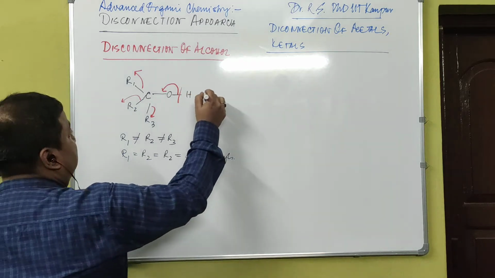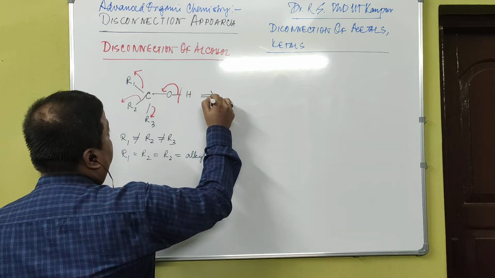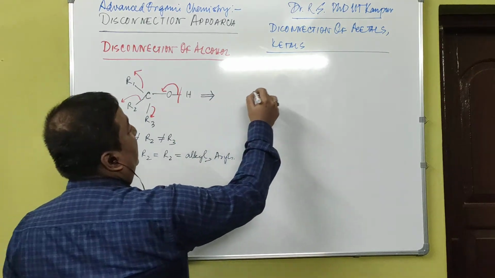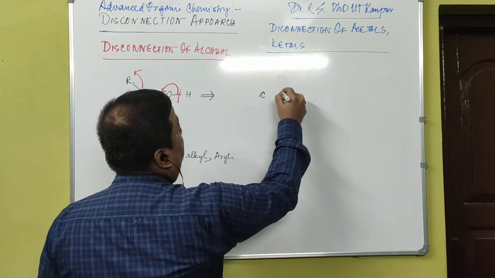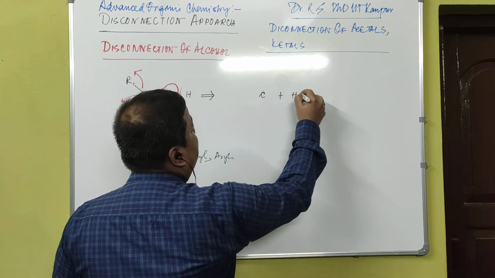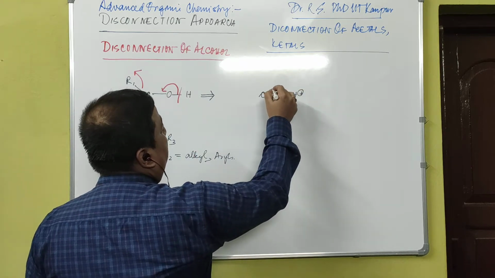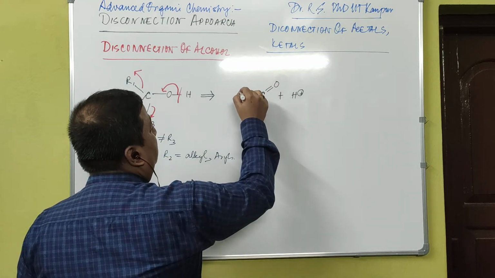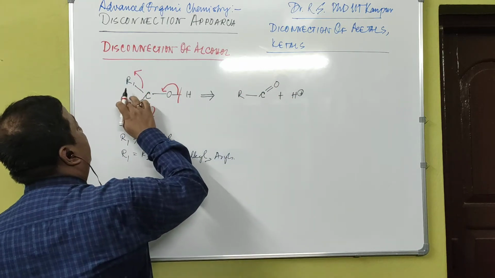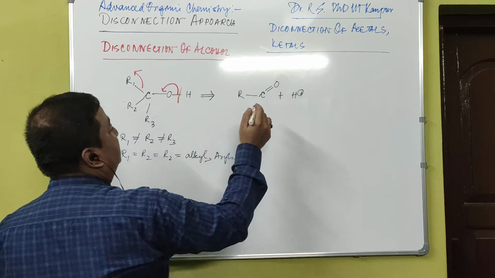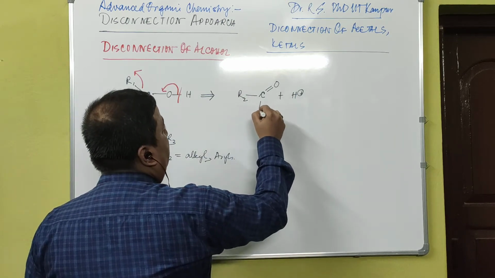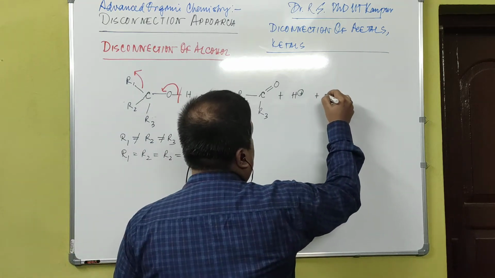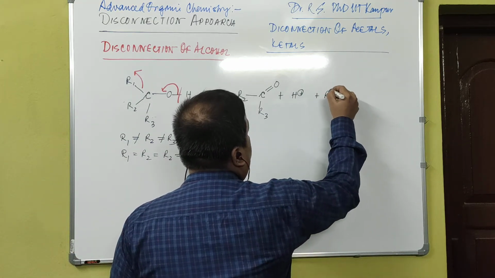Now the process is that while showing the disconnection, you use an arrow of this kind, and here you write H plus, and then you have C double bond O. If I have taken R1, then obviously R2 and R3 remain, and I get R2 minus.